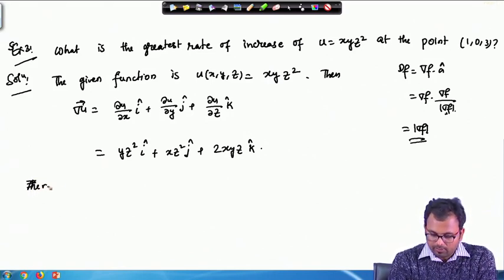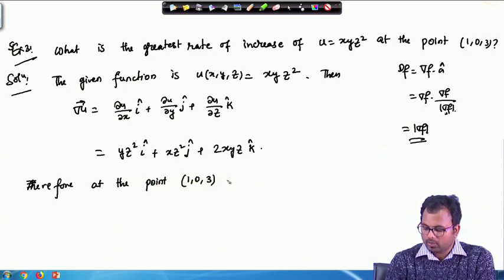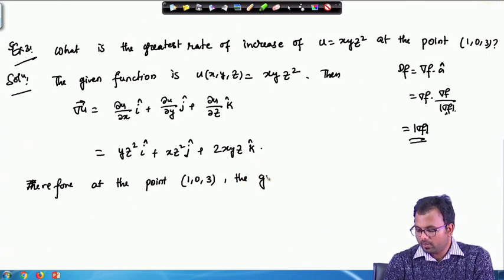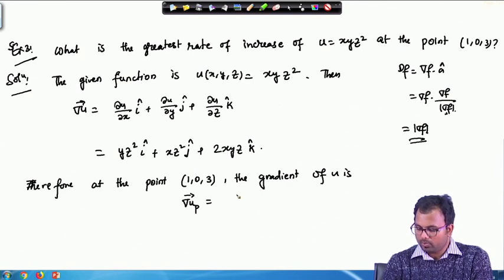So, that is our gradient of u, and now at the point (1, 0, 3), the gradient of u at the point P is y z². The i component would be 0 because y is 0, the j component would be 3², and the k component would again be 0.